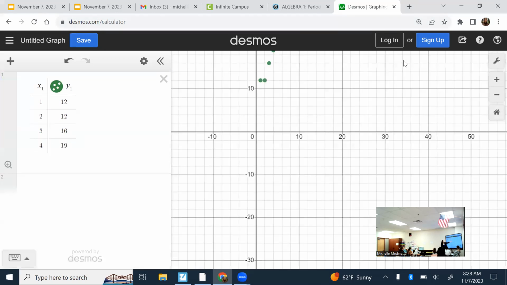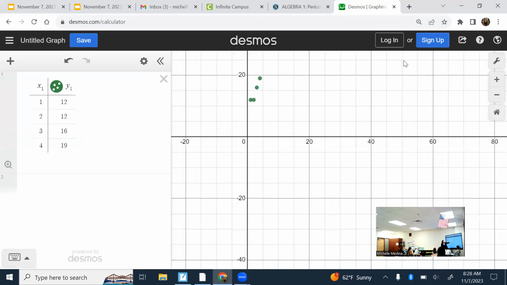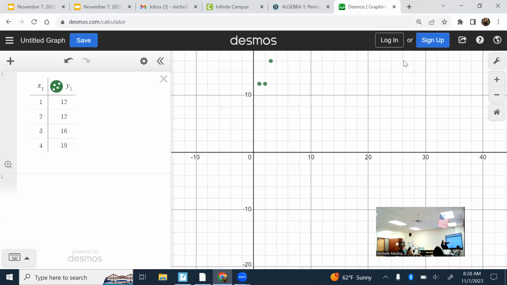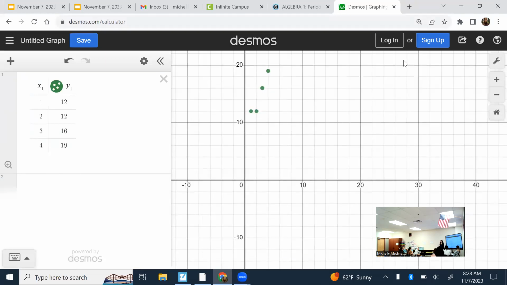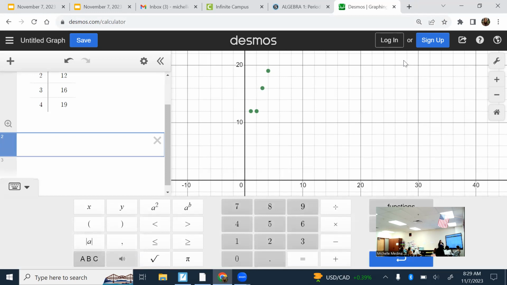Anyway, you can see it plotted up here, but you cannot have a residual plot without a linear model to go off of, because residuals are your actual minus your estimated. So I have some data. What do I need to type in here so that I can get a residual plot?